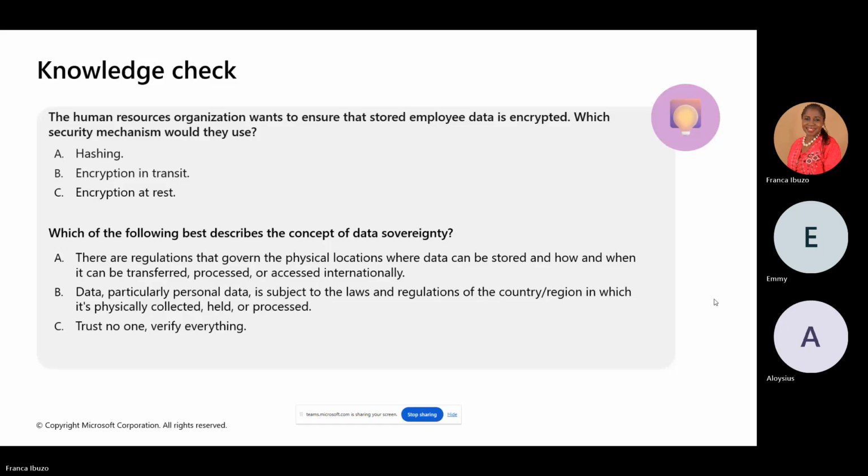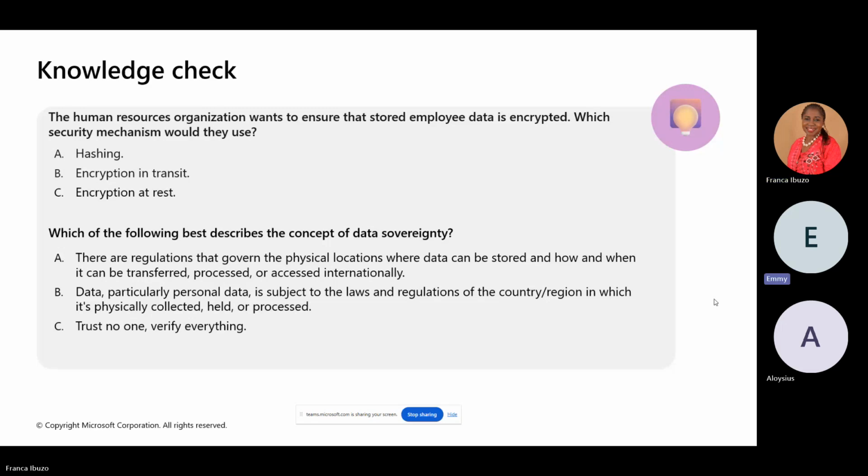So it's encryption at rest, because stored. Okay, so this was a mass question. Okay, Aloy answered that. Okay, you might want to take the second one.